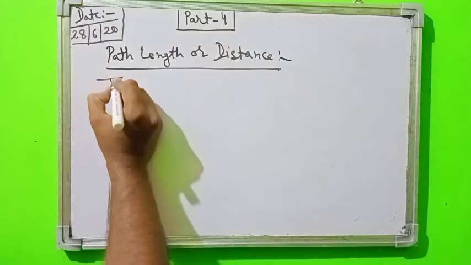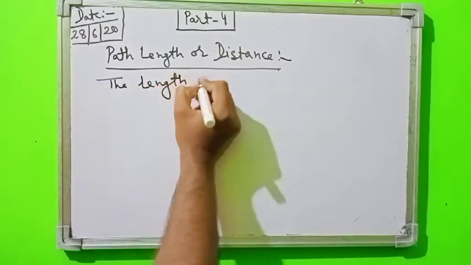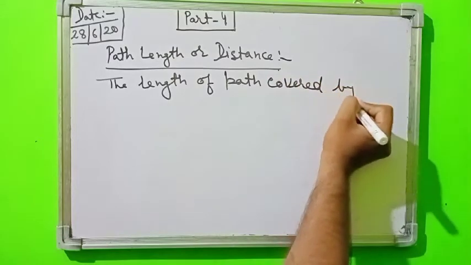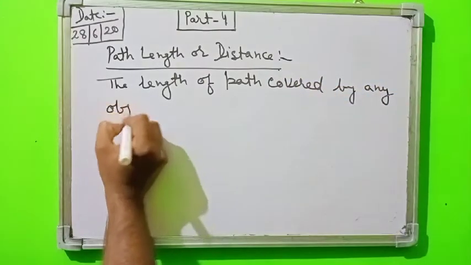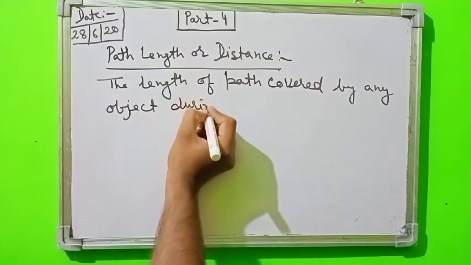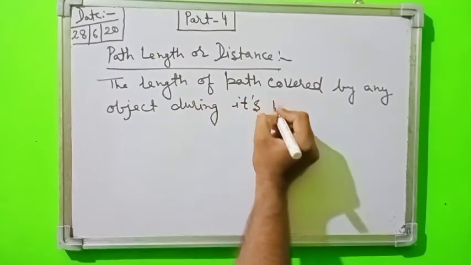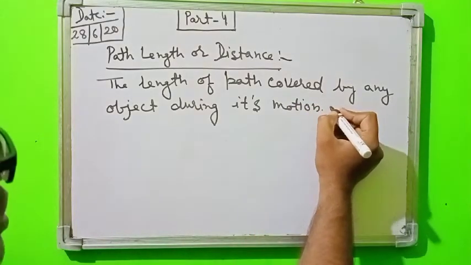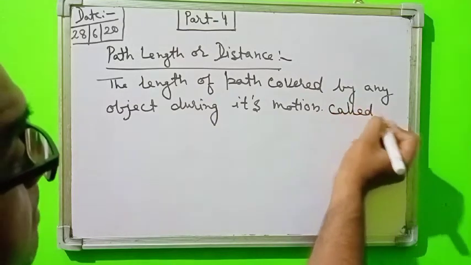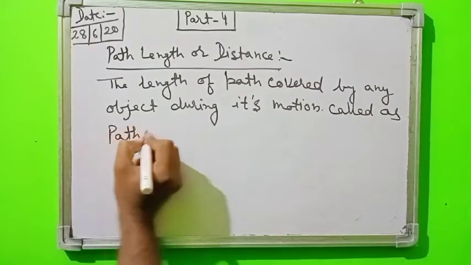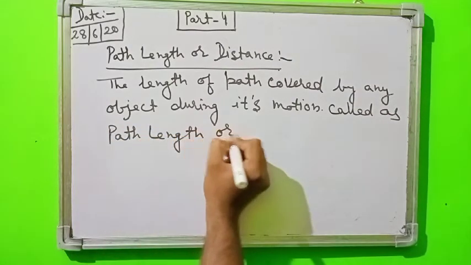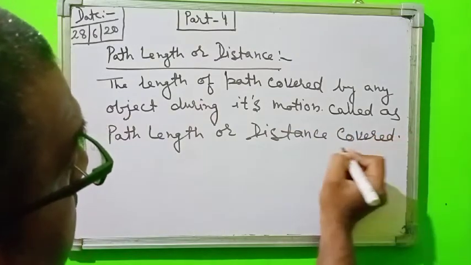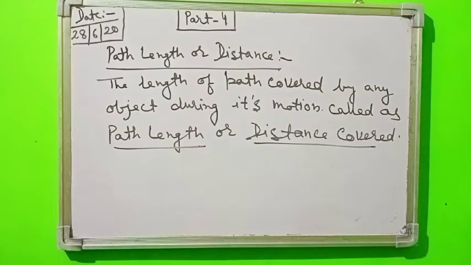So the length of the path covered by any object during its motion is known as path length, or distance covered.